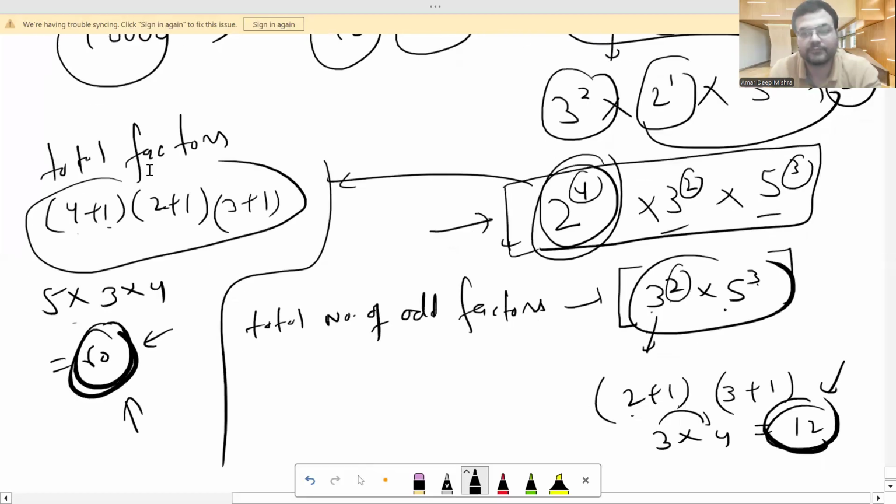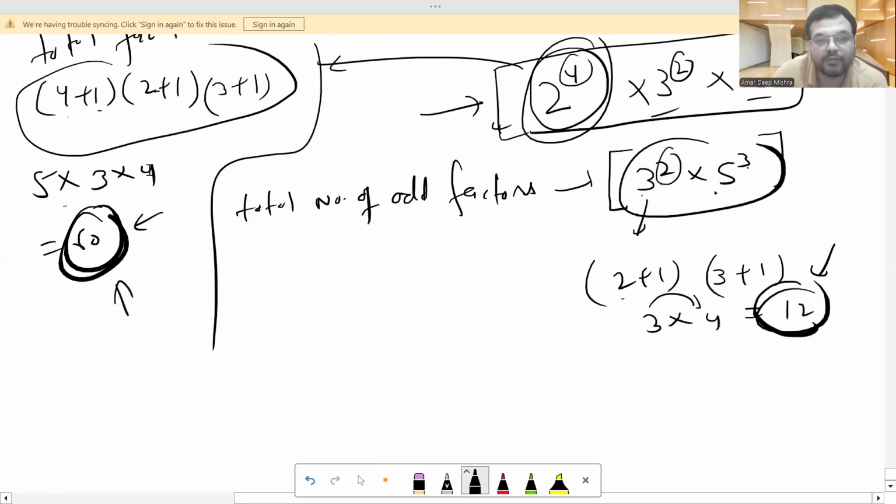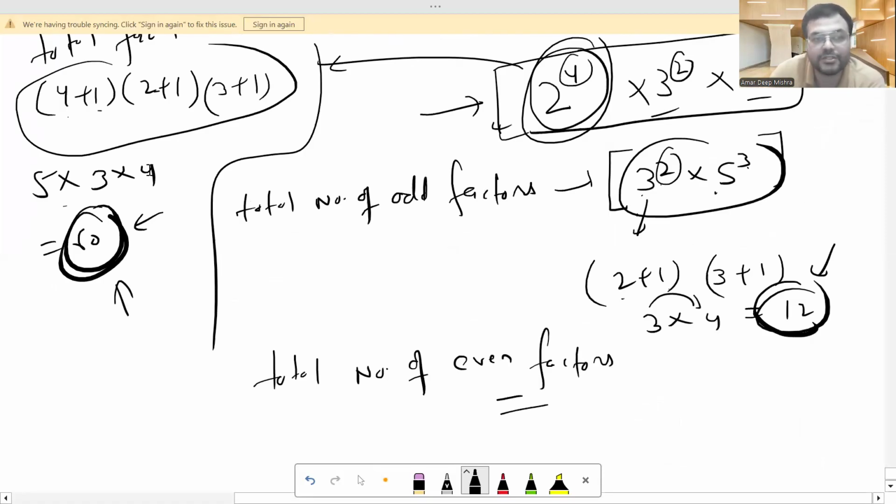Now, if you want to find out the total number of even factors, that will be how much? You take this 60, that is the total number of factors, minus 12 factors.